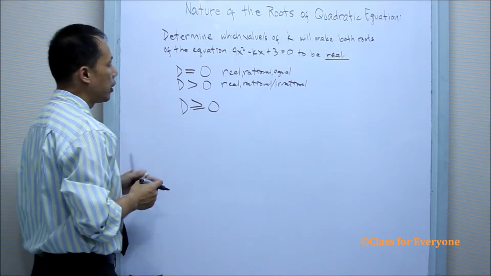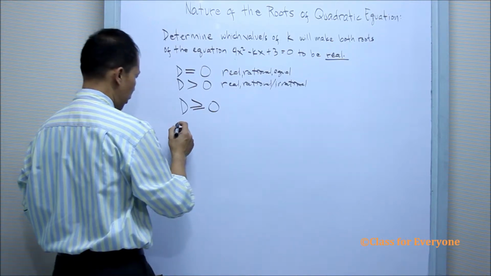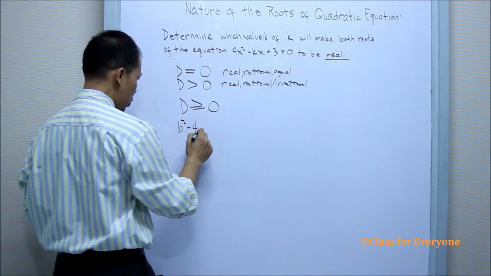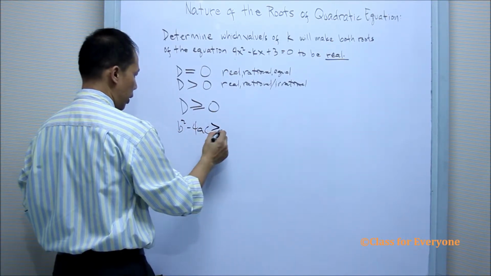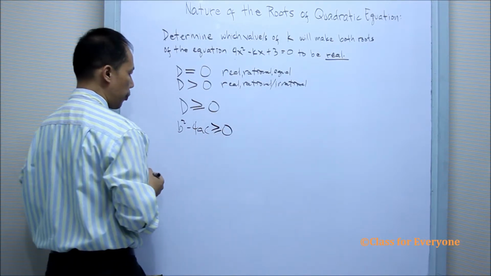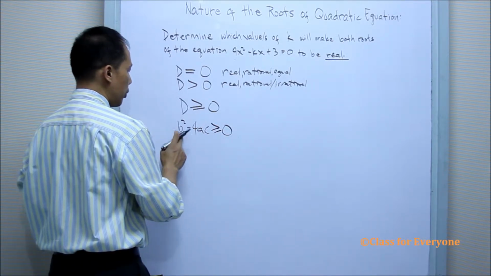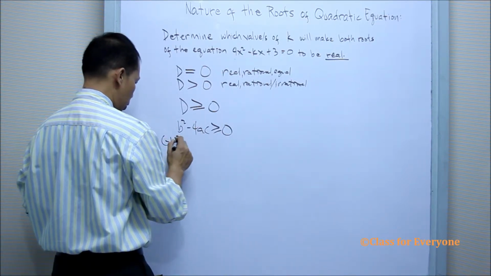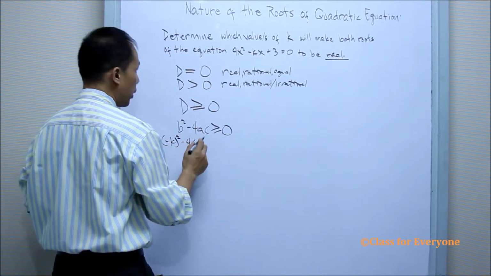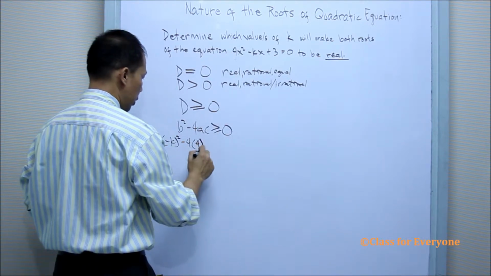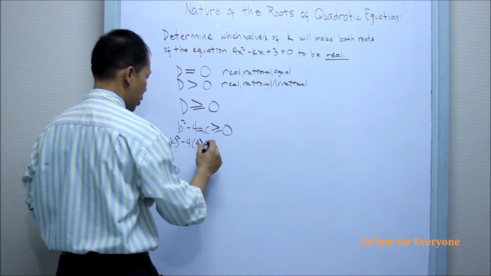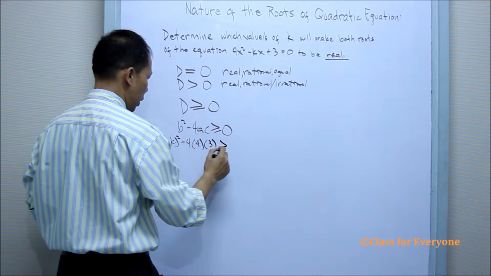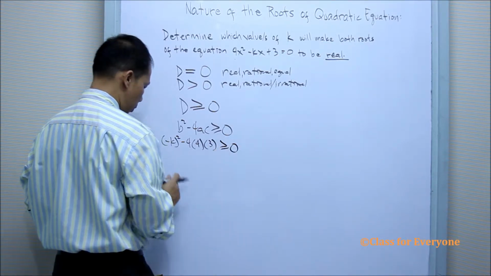Now, finding for the discriminant, we have b squared minus 4ac greater than or equal to 0. By substitution, our b is negative k squared minus 4 times 4 times c is 3 greater than or equal to 0.